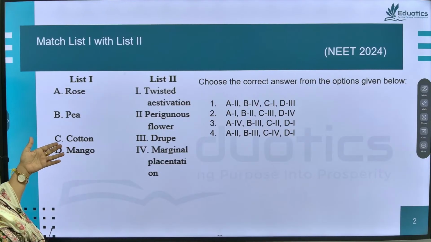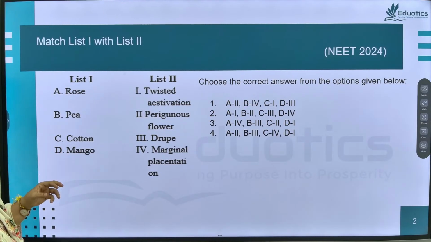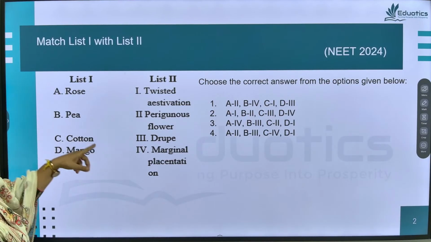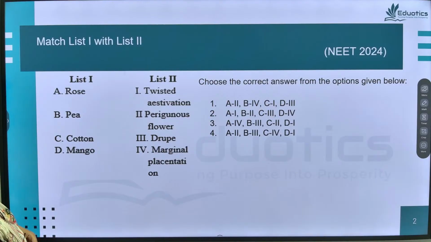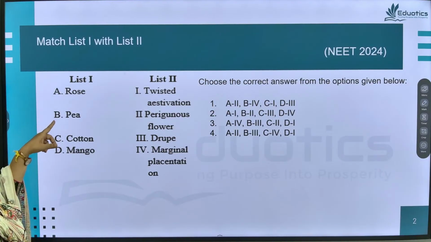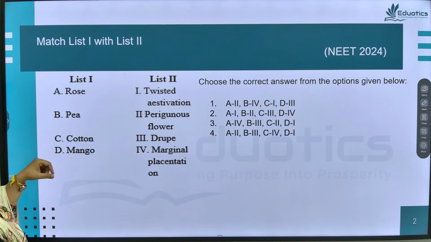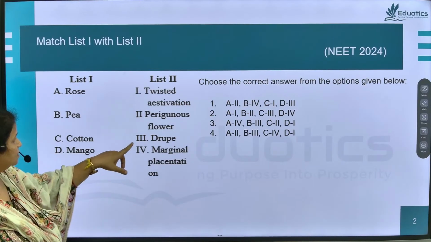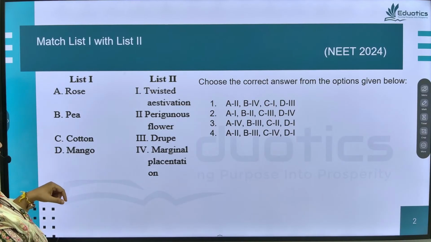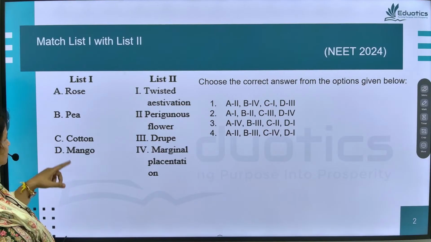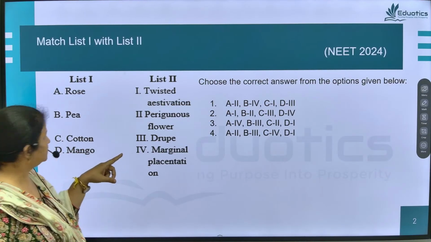As we know well, when we talk about placentation, P is going for the marginal placentation. Mango is a drupe fruit. So P for the marginal placentation.